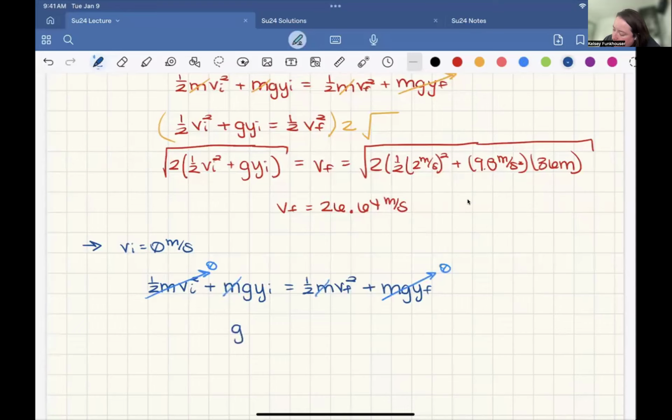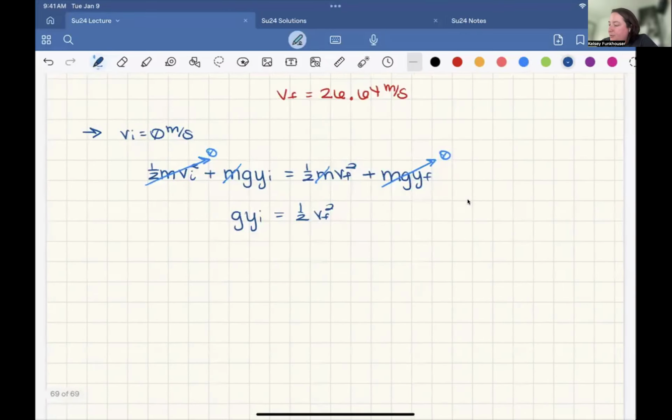So we have g times y initial equals 1/2 v final squared. We solve for v final the same way as before: multiply both sides by 2 and take the square root of both sides. We get the square root of 2 g times y initial is equal to the final velocity.